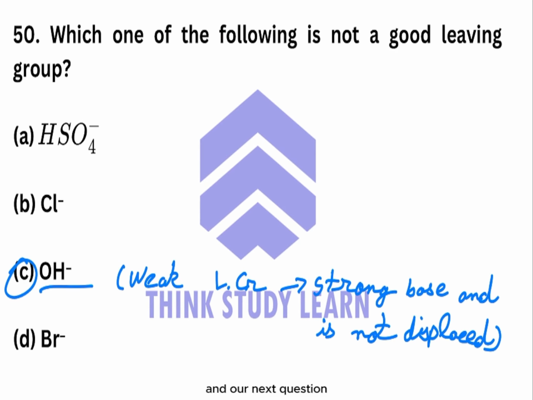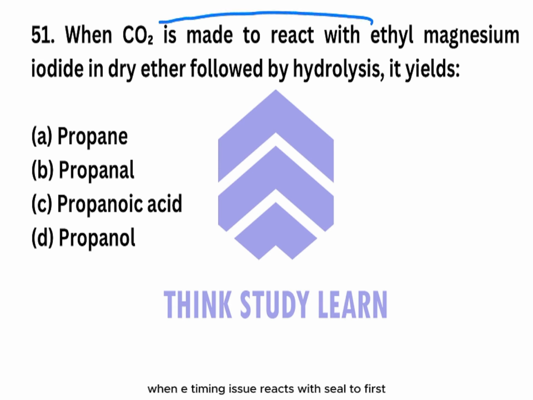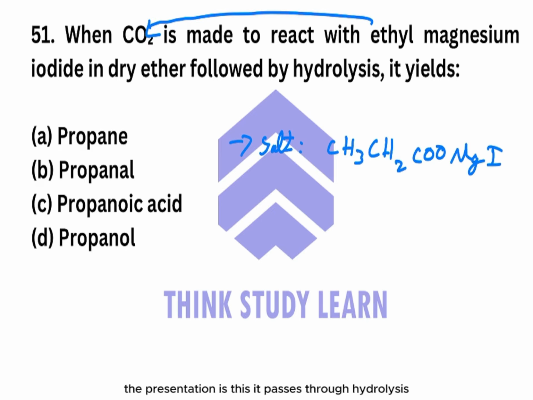In our next question, we are given when CO2 is made to react with ethyl magnesium iodide in dry ether, followed by hydrolysis, it yields us what? In this process, when ethyl magnesium iodide reacts with CO2 first, it gives us a salt, which is CH3CH2COOMgI, that is its chemical representation.